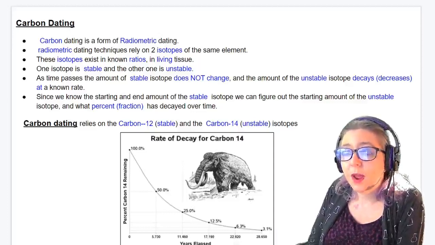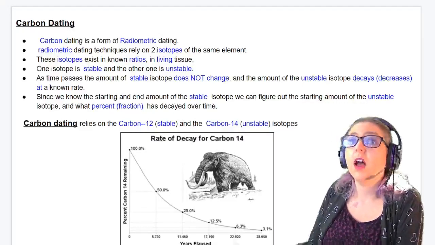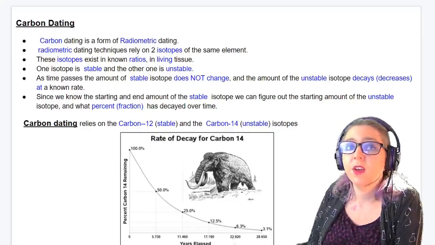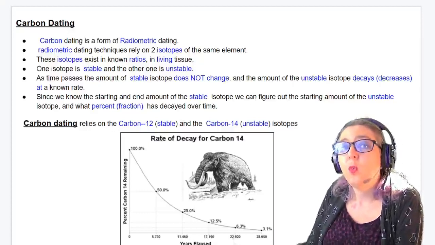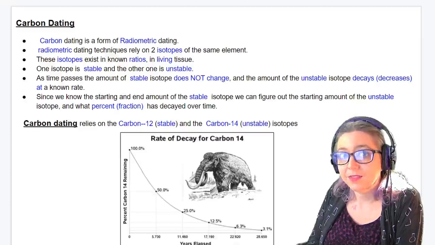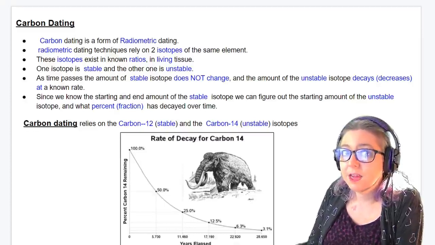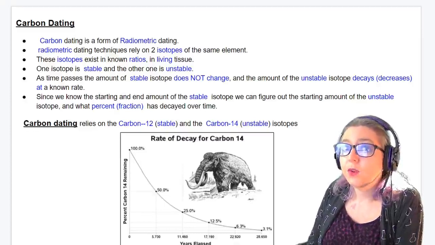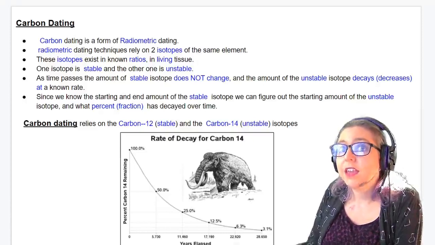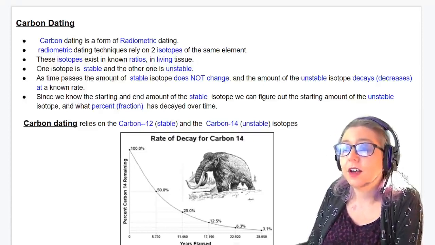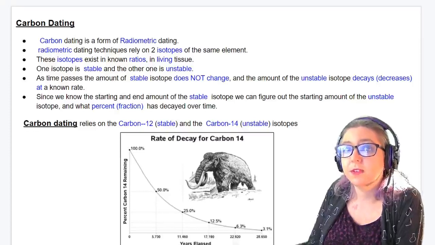So since we know how much of the stable isotope is there at the end when we uncover organic remains, we also know how much of that stable isotope was there when the artifact died. So if I know how much there was at the beginning of my stable isotope, and I know the ratio of the stable to unstable isotope, I can figure out how much of the unstable isotope I should have had at the beginning when my sample died.